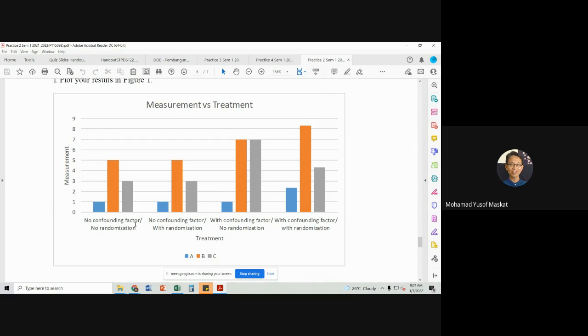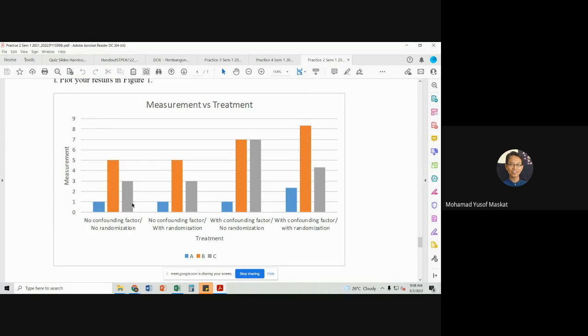And also to do 4 types of experiments, where the first one is no confounding factor and no randomization, then no confounding factor but with randomization, then with confounding factor but no randomization, and then with confounding factor with randomization. If we look at the first one, where there is no confounding factor and no randomization, the results that we will get are the actual results, which are 1, 5, and 3.